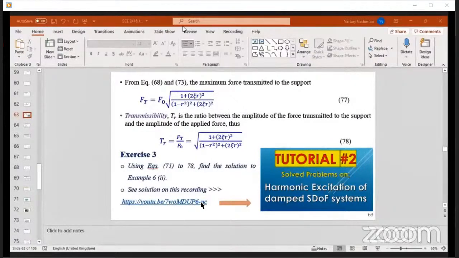So I believe after next week's lecture, we are going to have our first CAT, which should cover free vibration, the single degree of freedom cases.